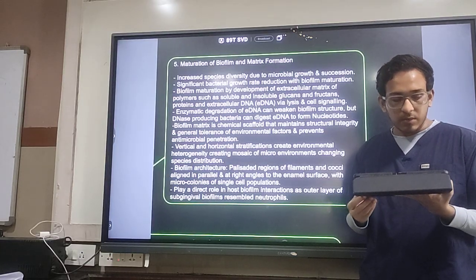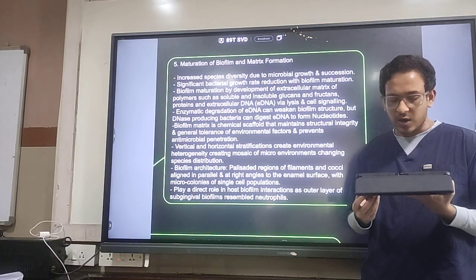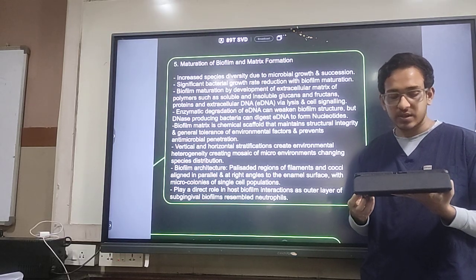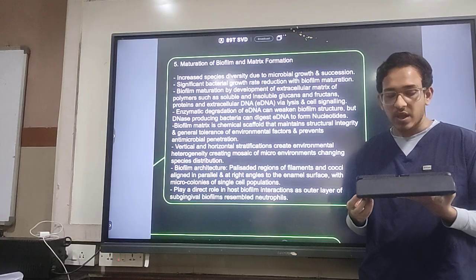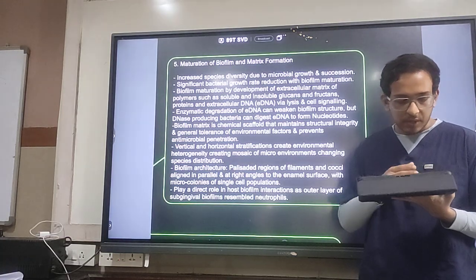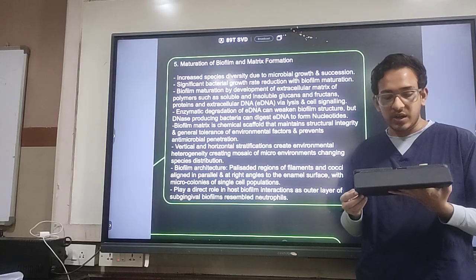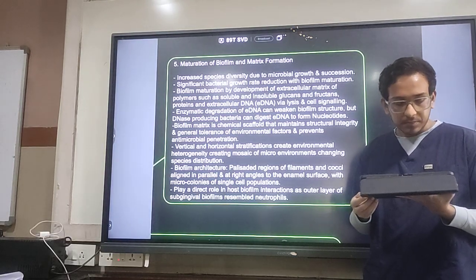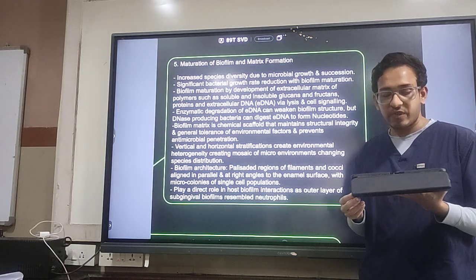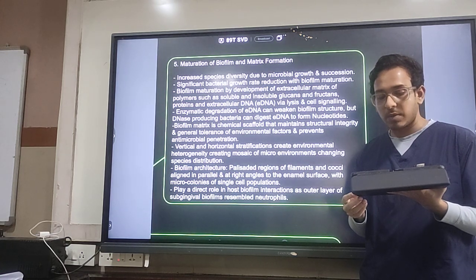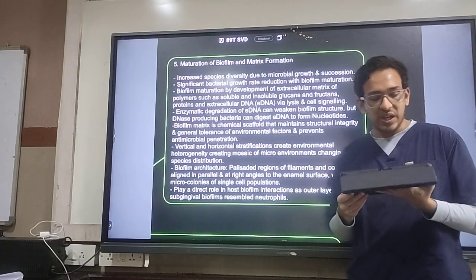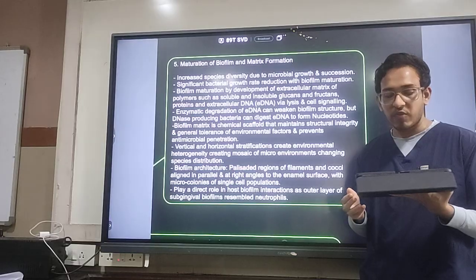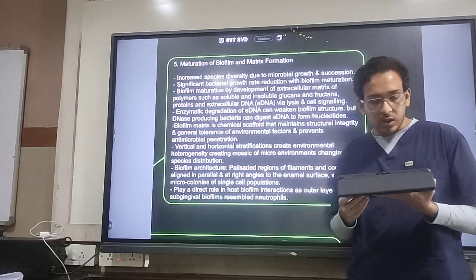The biofilm maturation occurs by the development of an extracellular matrix of polymers such as soluble and insoluble glucans and fructans, proteins and extracellular DNA via lysis of cell signaling. The enzymatic degradation of eDNA can weaken the biofilm structure, but the DNA producing bacteria can digest the eDNA to form nucleotides.